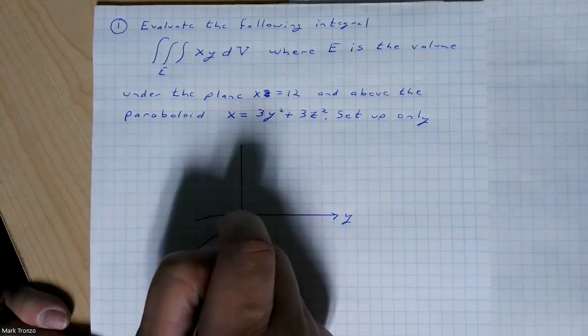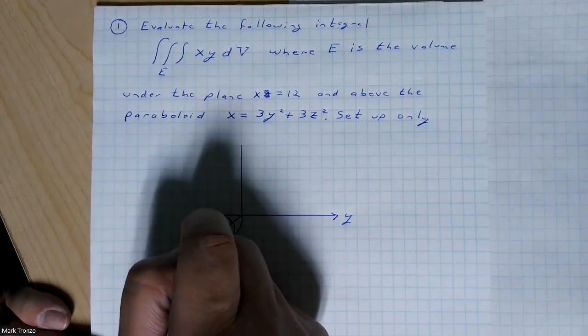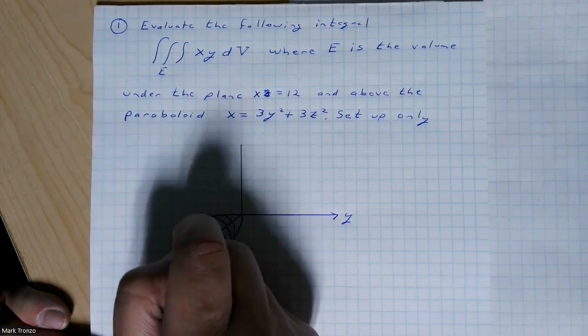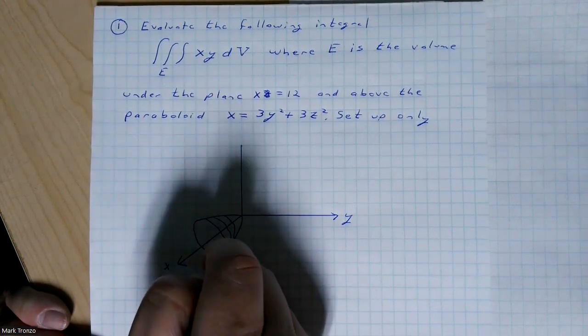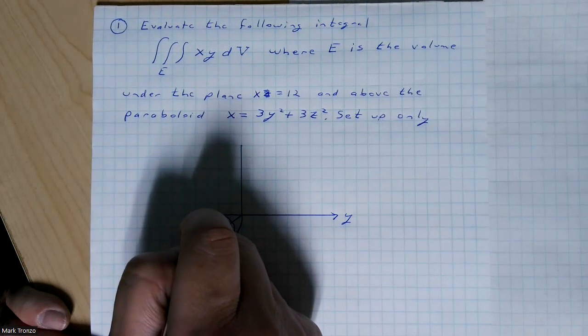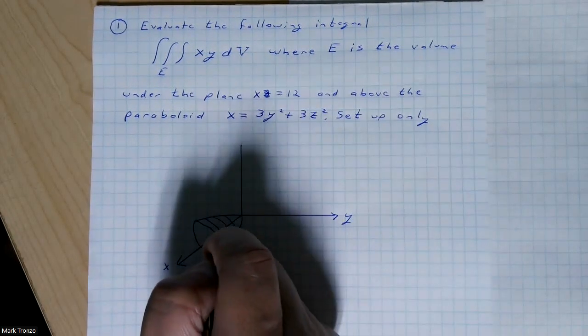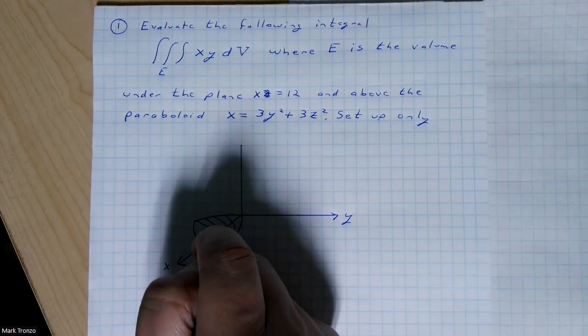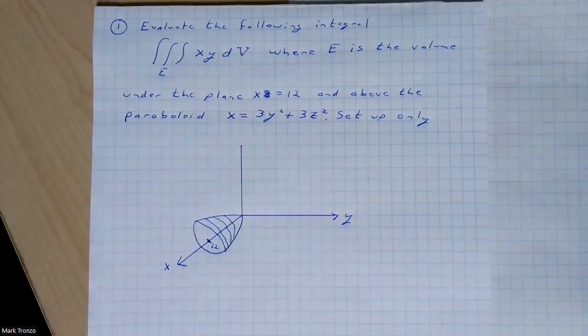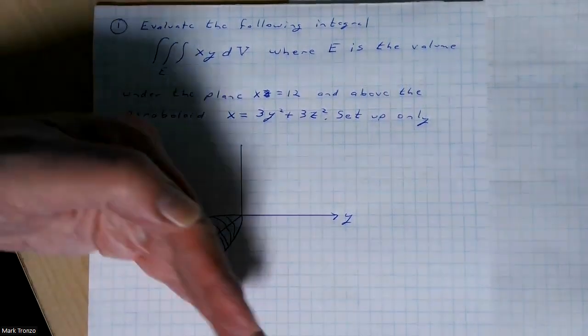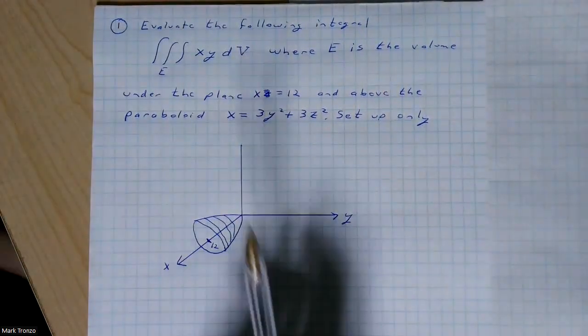It's going to look something like this. And also the plane x equals 12. So I'll just put a 12 right there, so you can imagine there being a plane right there.